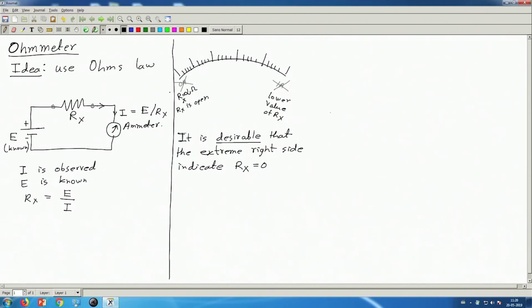If you may choose not to maintain this condition because of some other reason you may have, but in general we would like to have this side indicating Rx equal to 0. Okay. So this side should be Rx equal to 0. In bracket I write desirable.